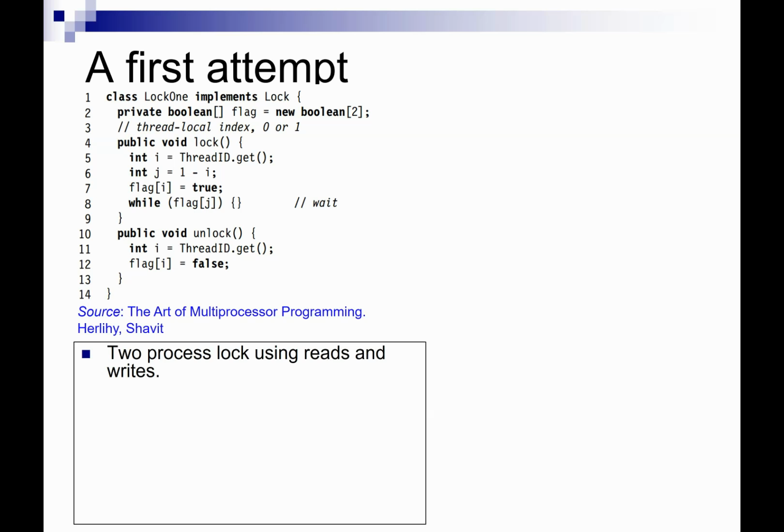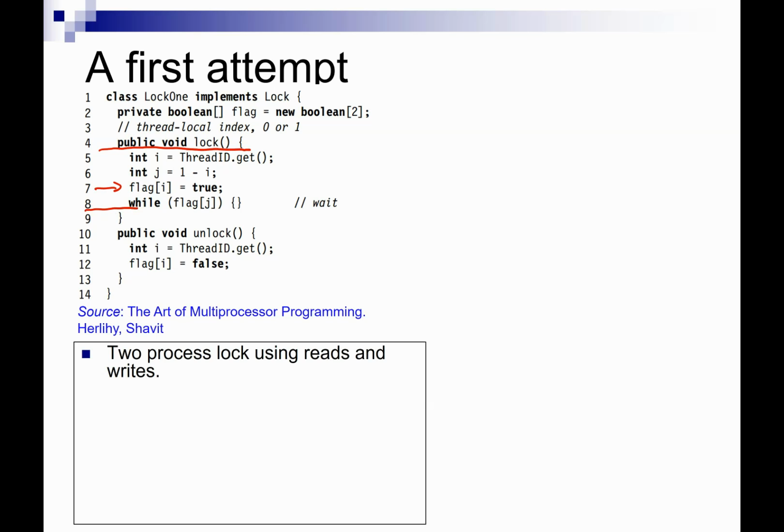So the algorithm is very simple. If you want to get into the critical section, you call the lock function. I want the lock, meaning I want to get into the critical section. When I do this, I just raise my flag. I tell the other guy I'm trying to get in. Now to prevent both of us from getting in, to satisfy mutual exclusion, if I see the other guy's flag is up, I'm going to wait for him.